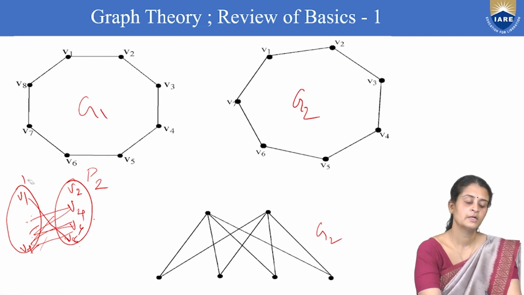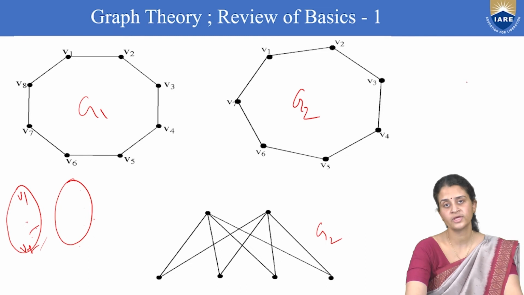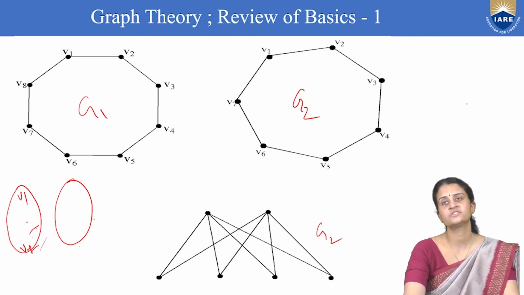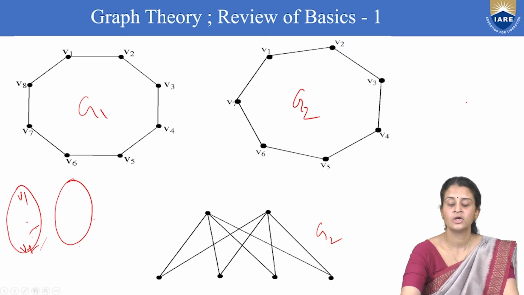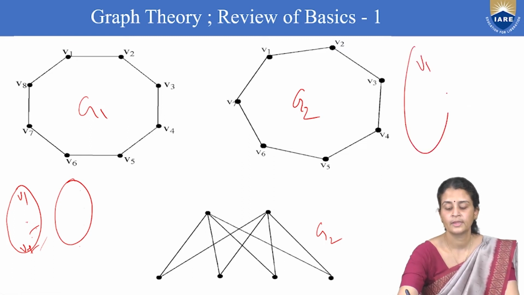Now we will consider graph G2. How can we partition these vertices? Here the number of vertices is odd, only up to V7. I put V1 in one group and V2 in another group.